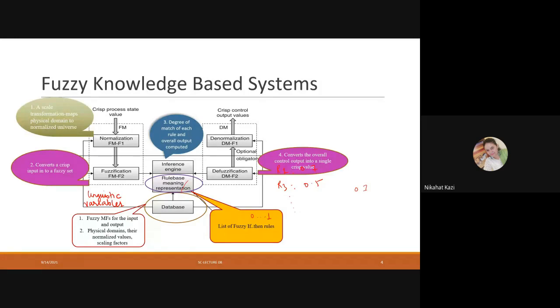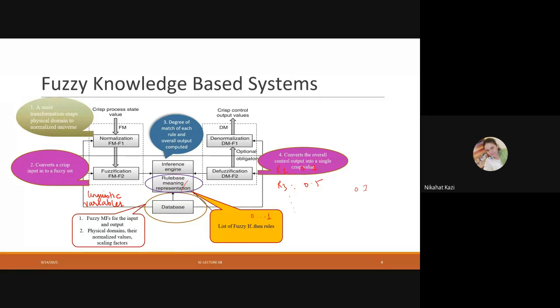Why a single crisp value? So for example, in case of a washing machine, you need to find out how much time is required to wash the clothes. So the output that the machine needs to predict is basically the wash time. Okay. So you need to convert this fuzzy set that you're getting in the output to a single crisp value, right?